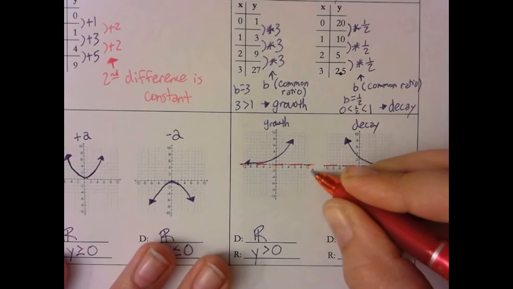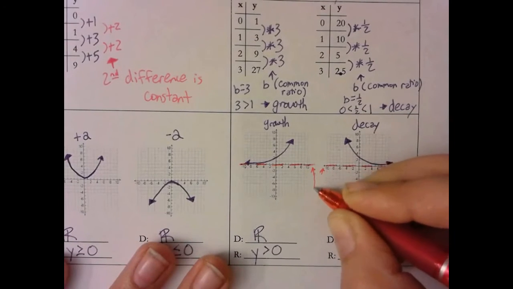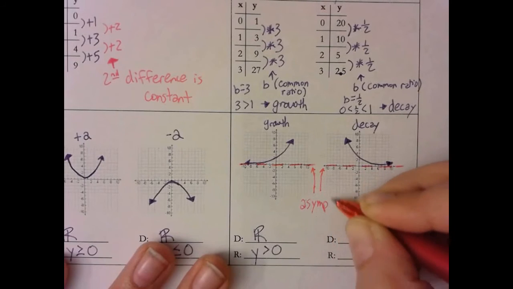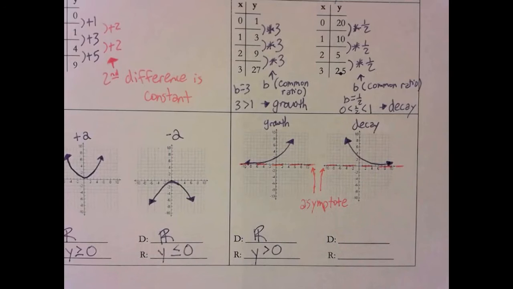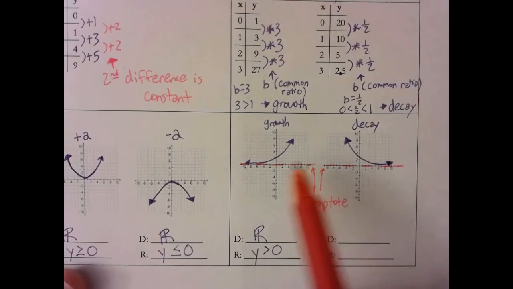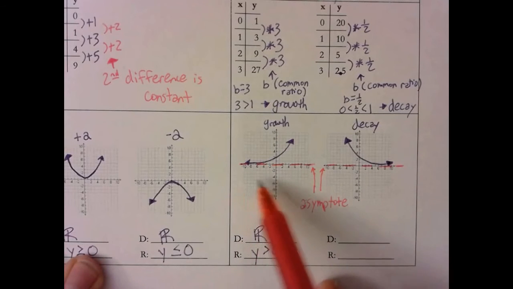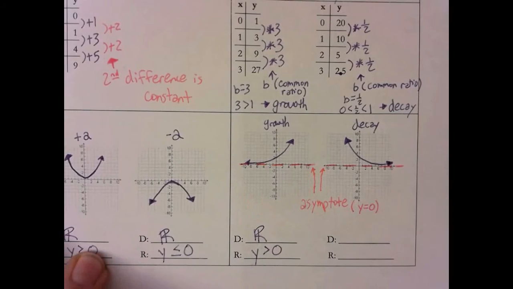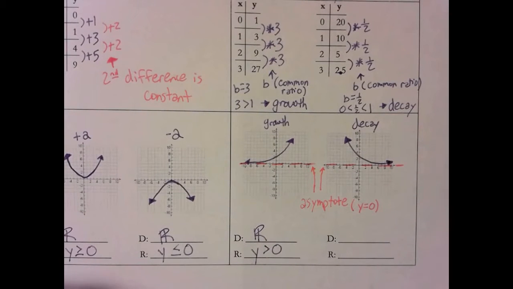And this line is called the asymptote. Yes, funny word, I know. That's called the asymptote. Okay? And it never touches. So for us, the asymptote is always going to be at y equals 0. In Algebra 2, it can change, but for us, it's just going to be right there.